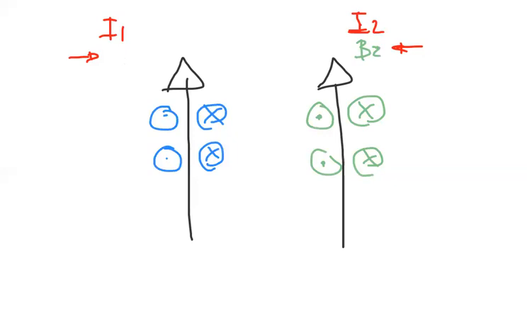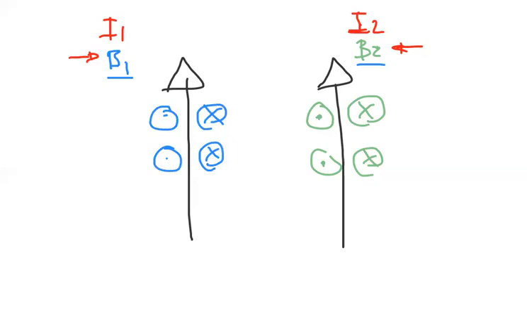So now we have B1 and B2 direction. So now we know what the direction is that's going to be applied to each one. We know the direction of B2 on I1, and we know the direction of B1 on I2. Okay, we know these things because of what we just got. So now we want to write them.